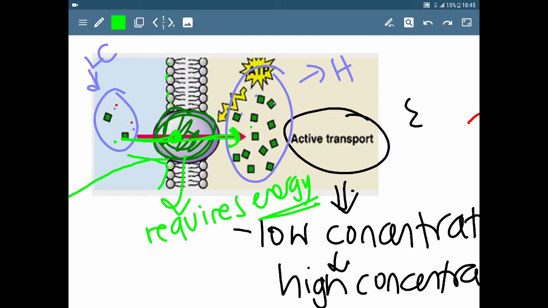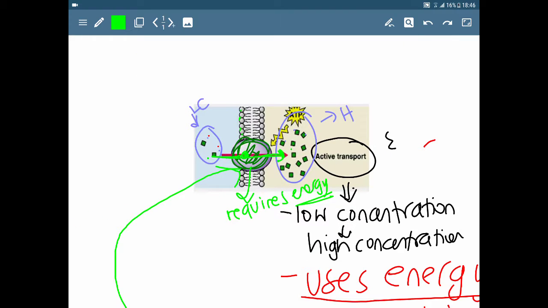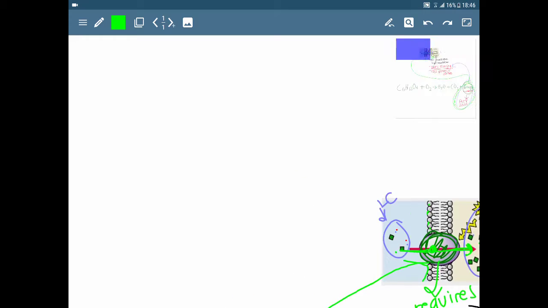And yeah, the importance of active transport is that there are many things that use it. One of the things that use active transport is root hair cells.